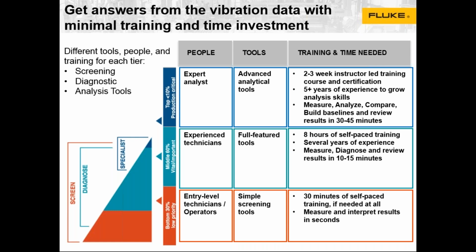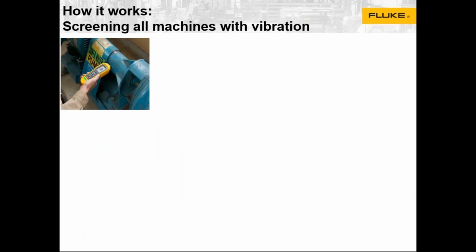So let's use some screening tools to help out our experts, and let's use diagnostic tools. If we use these 3 different tools on 3 different levels, we can cover all the machines in the plant, not just the top few machines in a plant.